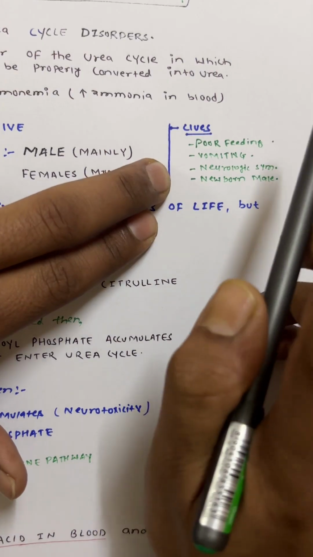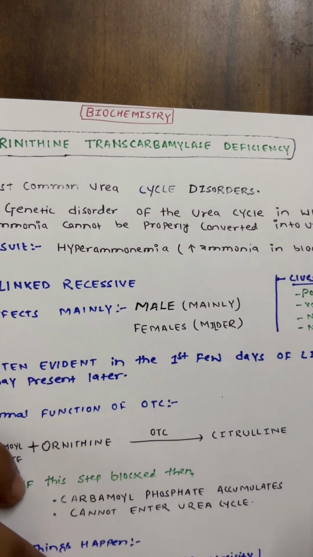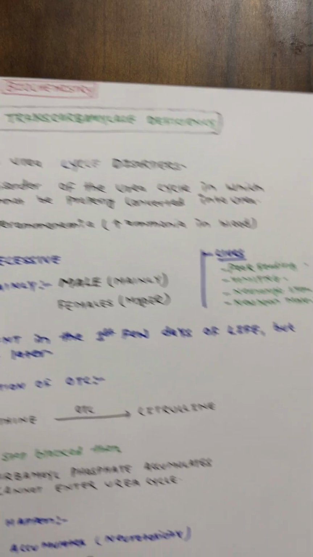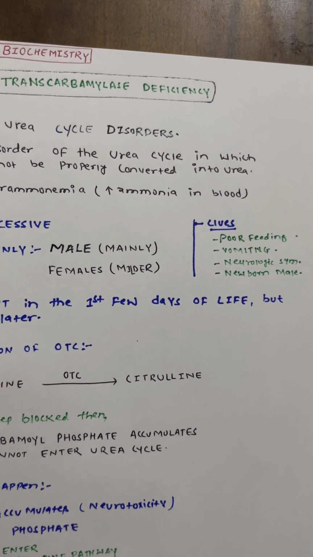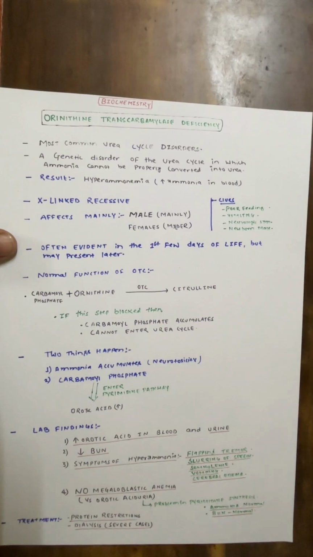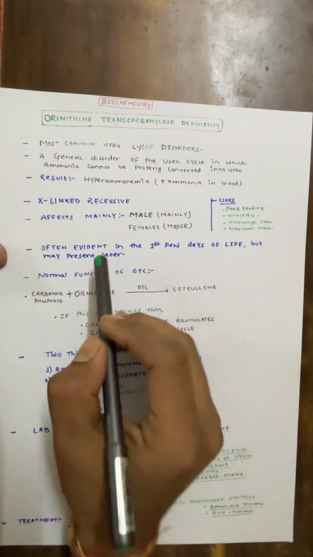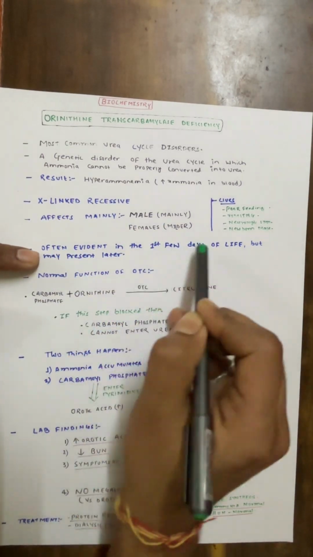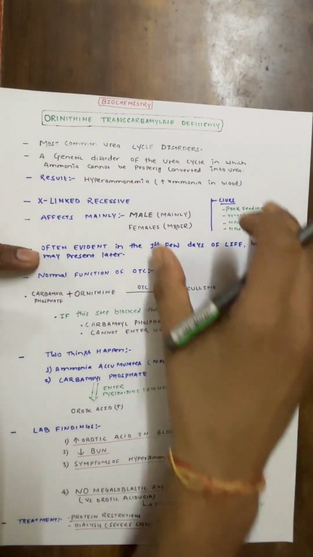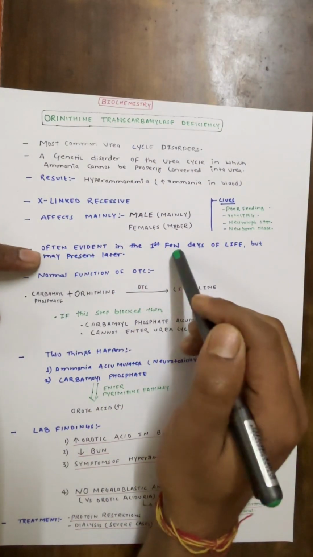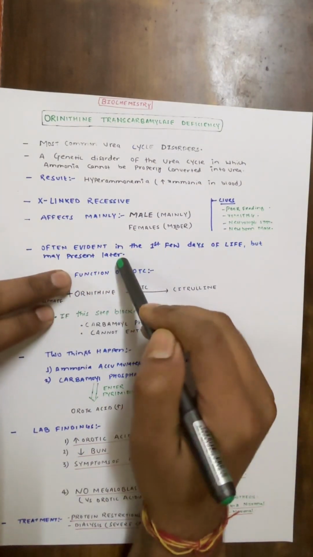So always think once about ornithine transcarbamylase deficiency. This is a clue in the USMLE exam, in any entrance exam or NMCLE exam. It is often evident in the first few days of life. The symptoms usually come within the first few days of life but may present later also.